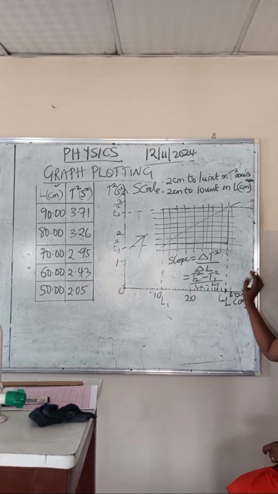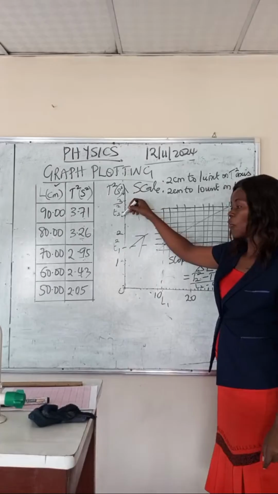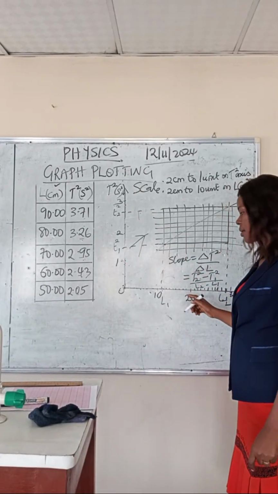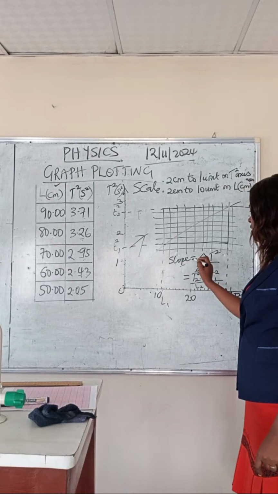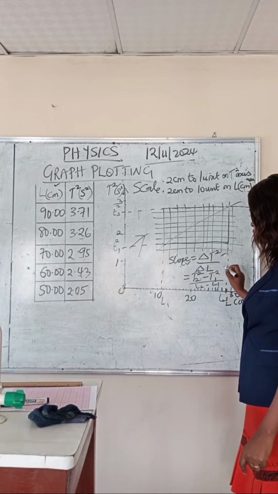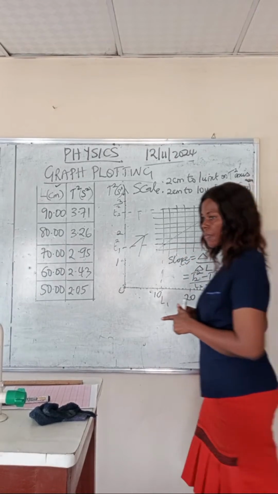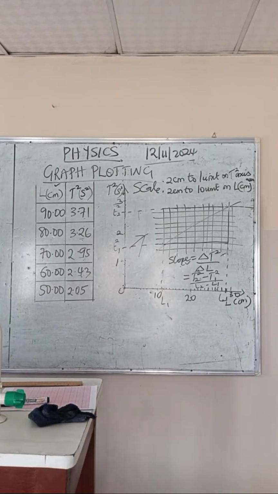Look for your value at T squared 2 minus T squared 1. Write this first: the formula for slope equals change in this over change in this. Write it in your work, on the other side.